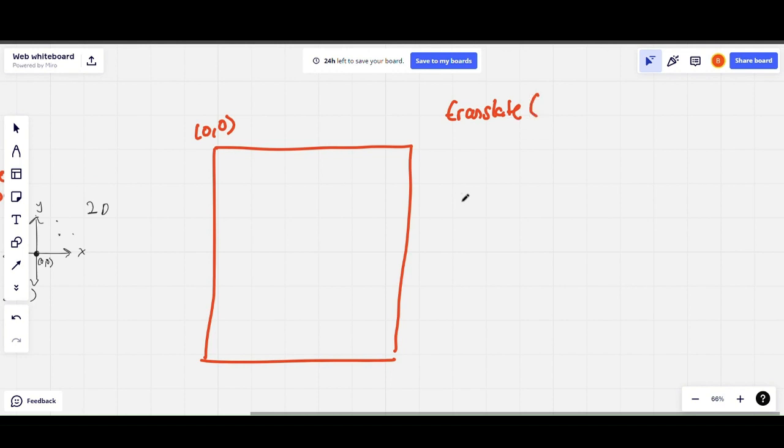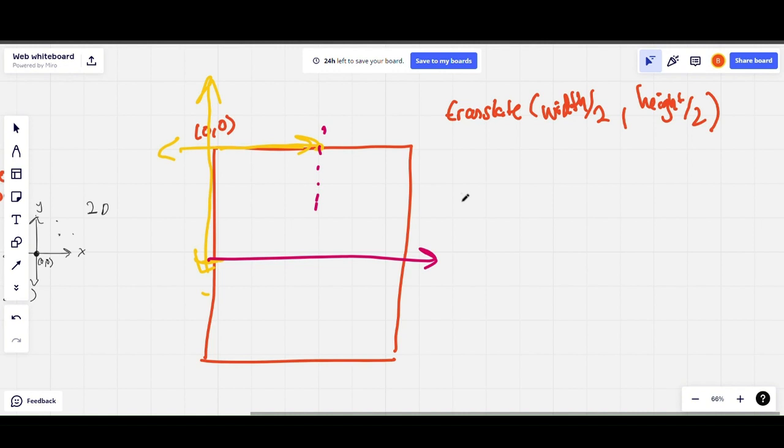So if I use the translate function with width divided by 2 and height divided by 2, then while the initial origin was around somewhere like this, it is going to move width by 2 and height by 2, and it is going to get redrawn at the center.